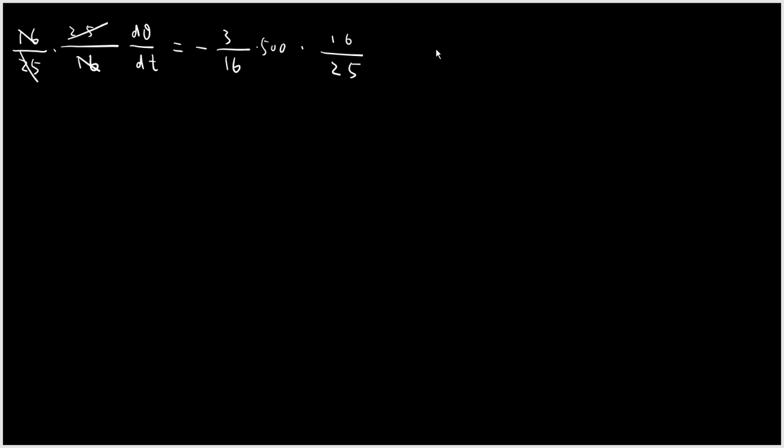On the left hand side, you just have d theta over dt, the rate of change of theta. And on the right hand side, you have negative, 16 and 16 are cancelled, and the 500 divided by 25 is equal to 20. Then 3 times 20 is equal to 60. So d theta over dt is equal to negative 60.